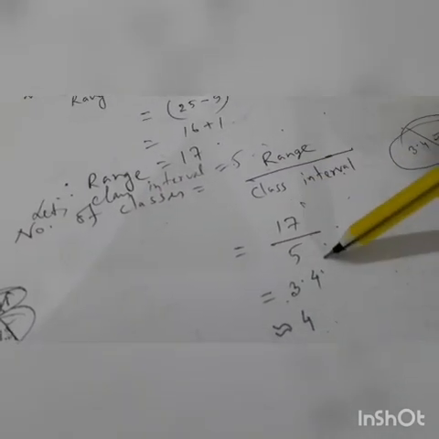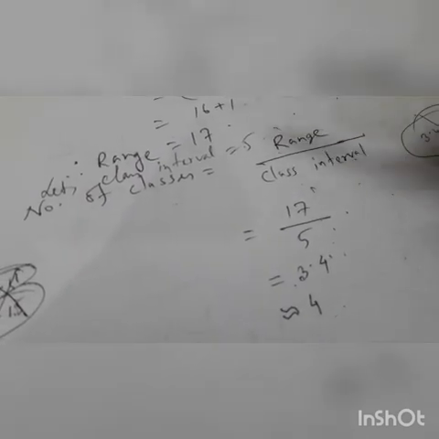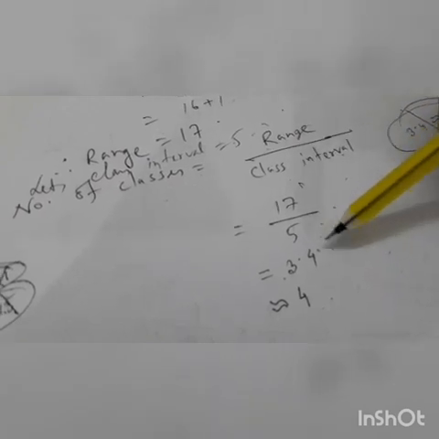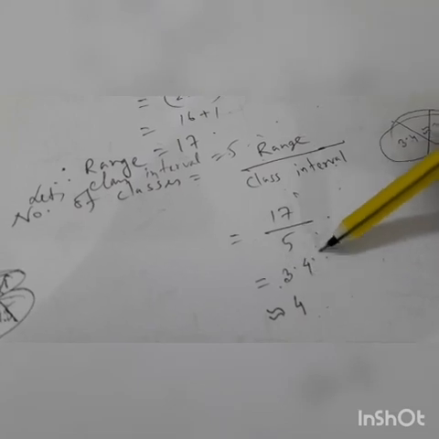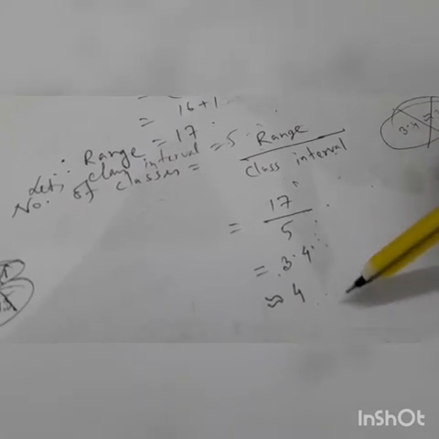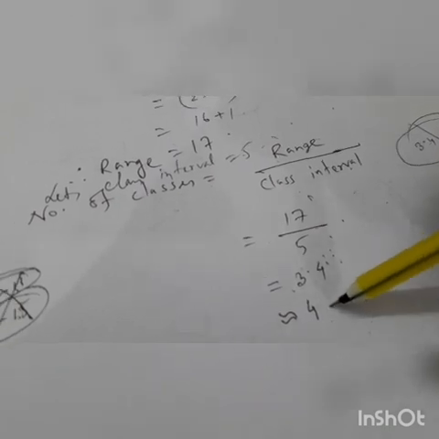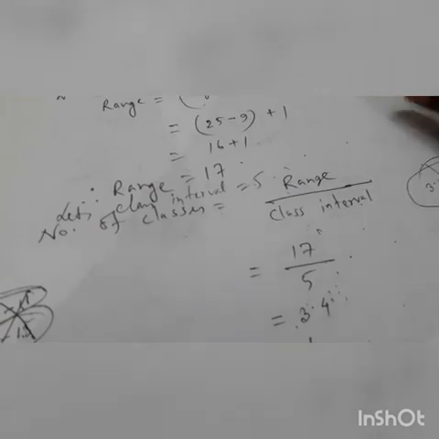Now 17 divided by 5 equals 3.4. The number of classes must not be broken; it must be an integer. So when we get the quotient as a decimal number, we must write it as an integer. So 3.4 is approximately equal to 4. So the number of classes is 4 for the given data.